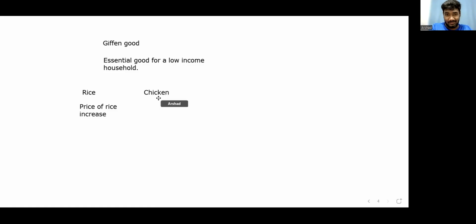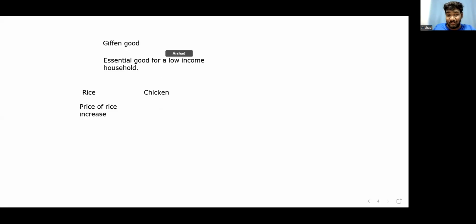It's an essential good for a poor household, and since rice is expensive, they give up on chicken and spend that money on rice too.